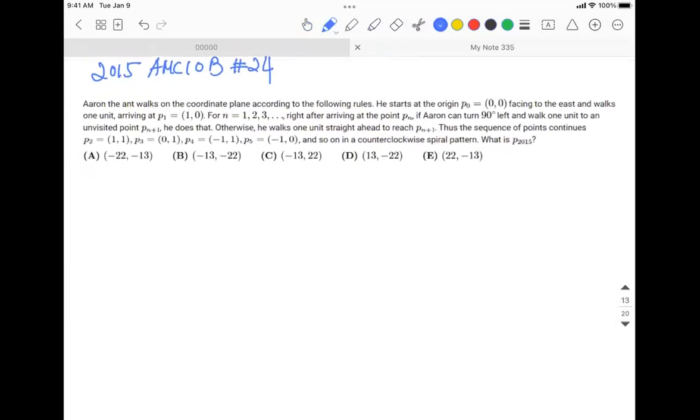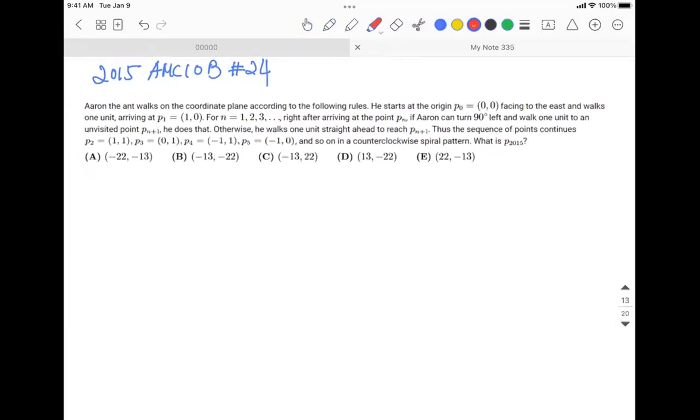So let's have a quick look at the problem altogether. The problem says, Aaron the ant walks on the coordinate plane according to the following rules. He starts at the origin, P0 equals (0, 0), facing east, and walks 1 unit. So he will be arriving at P1 equals (1, 0).